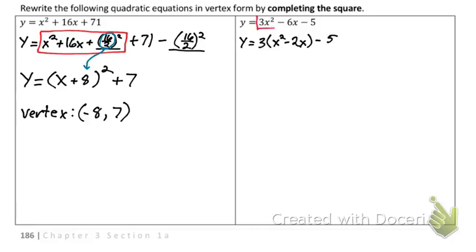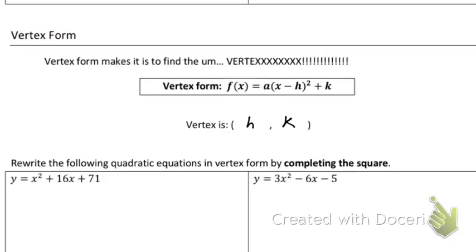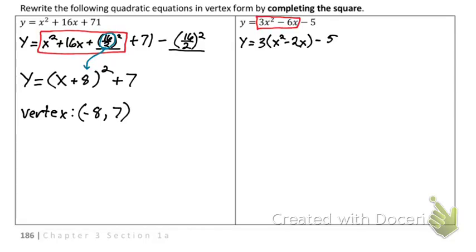So when you have something like this, this is the only part we're going to pull a number out of. Just the 3x squared and the 6x, that negative 5 is just going to stay on the outside. And the way I kind of picture that, in vertex form, I need a k outside. This is where that k is happening, where I'm developing this.